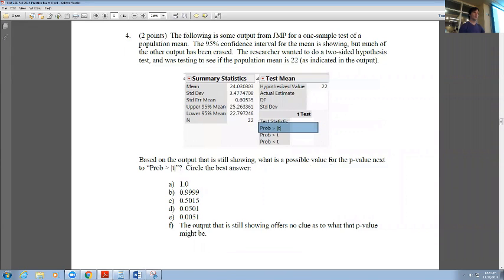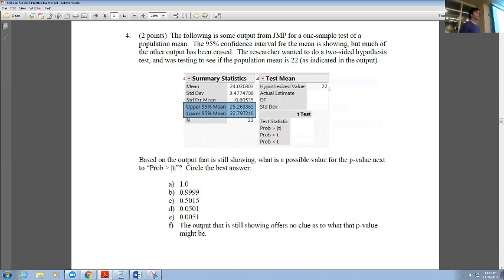Does that make sense? The does not equals test can also be done by doing a what? Confidence interval. So let's go over here and look at the confidence interval. What value were we testing over here? 22. According to your confidence interval, can you reject or fail to reject 22? You can reject it.